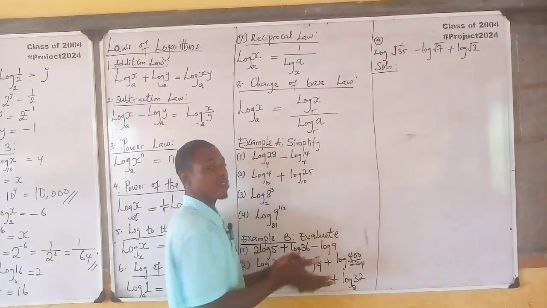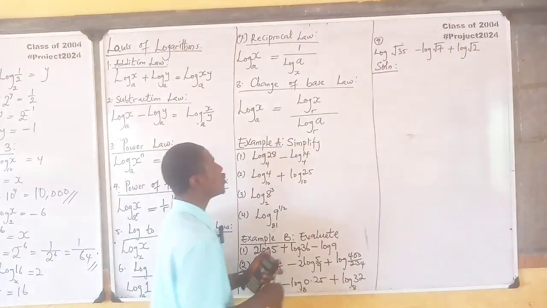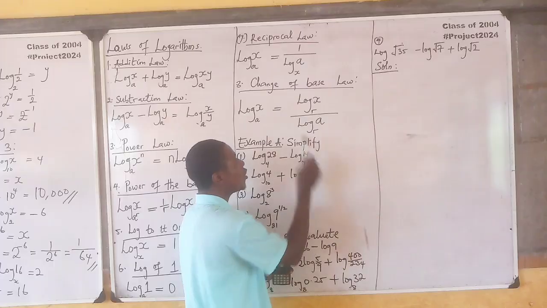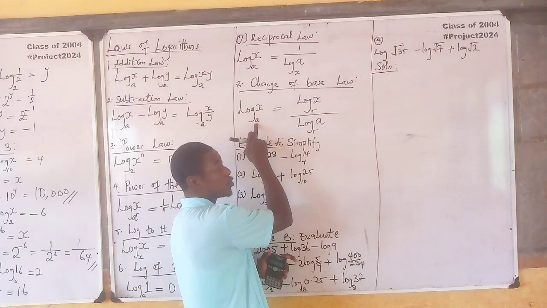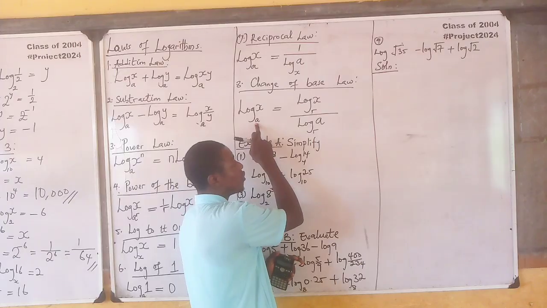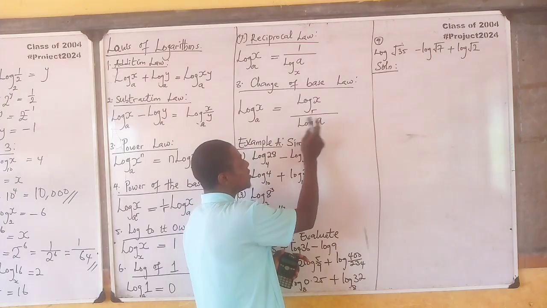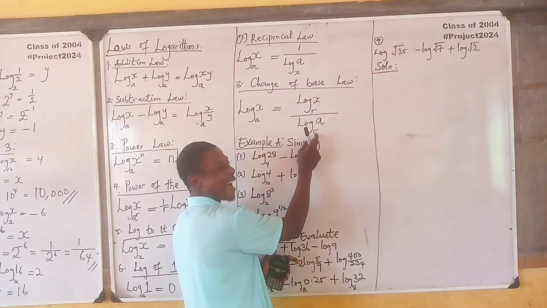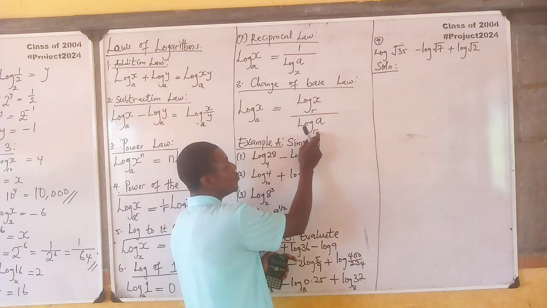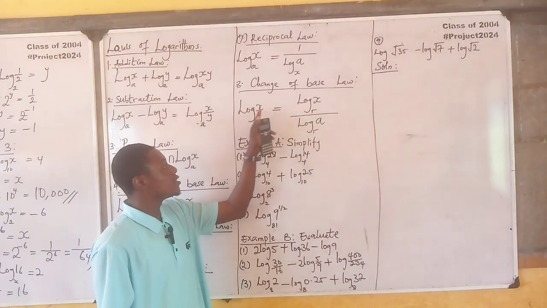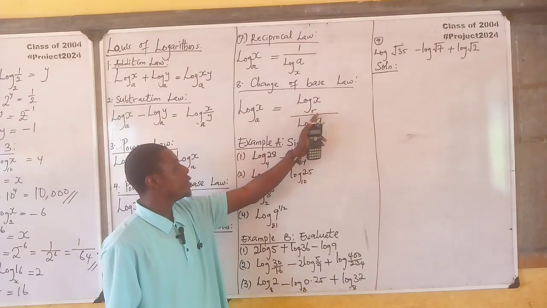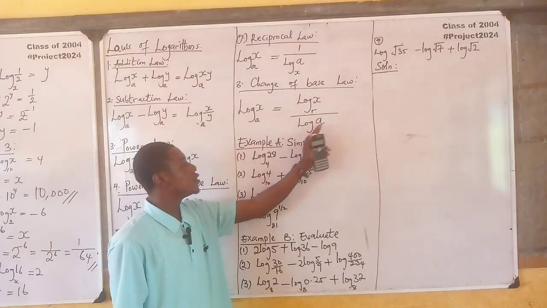Here we put r, it could be any value of your choice. So this is a new base we have created. Then all over, you have to create log for the initial base too, so that it won't go away. So log of a to base r. So if you are going to change the base, you create log of x to the new base, all over log of a to the new base.